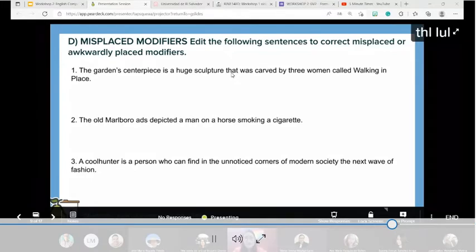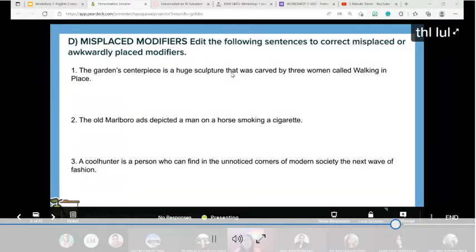The garden centerpiece is a huge sculpture. What's the name of that sculpture? Working place, no. You have to see this sentence as a puzzle, and you have to think about what is the modifier, and if it is placed in the right position in the sentence.